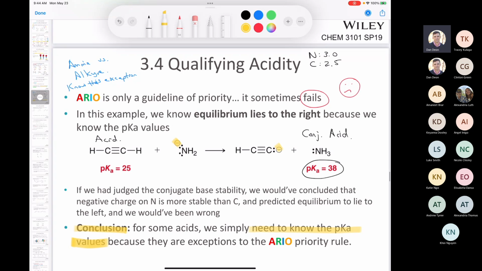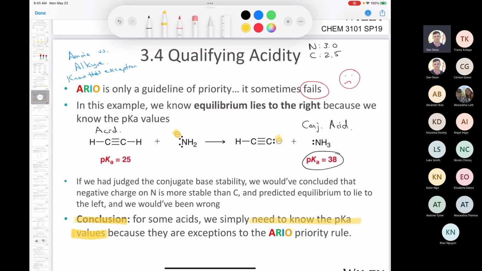However, I do expect you to know all the pKa's from table 3.1. And I expect you to know how to use that table. And if you think about it, anyone who's an organic chemist by trade, she or he will always have a whole host of pKa values memorized, and know piles of them.